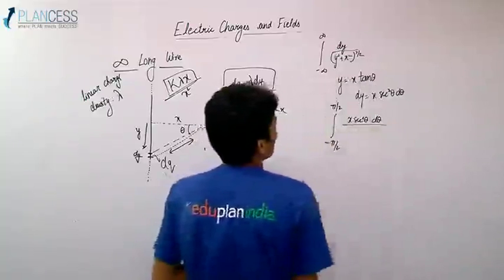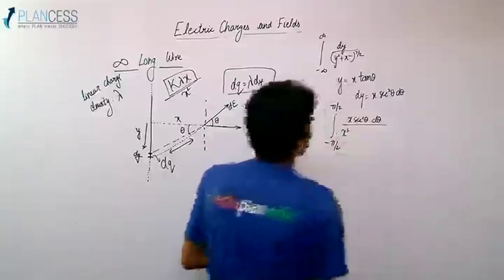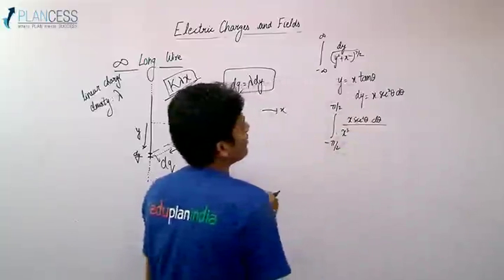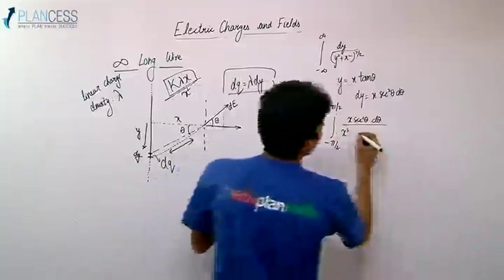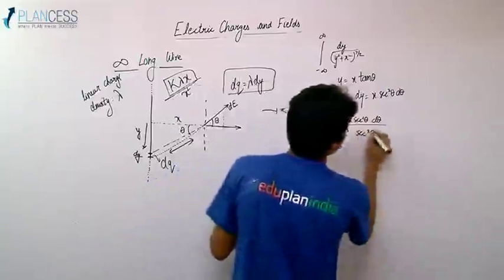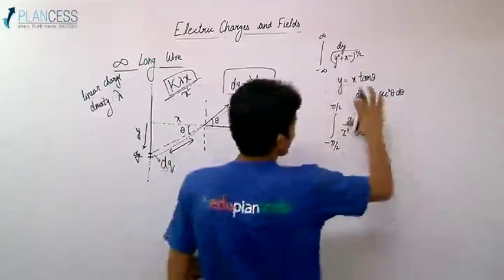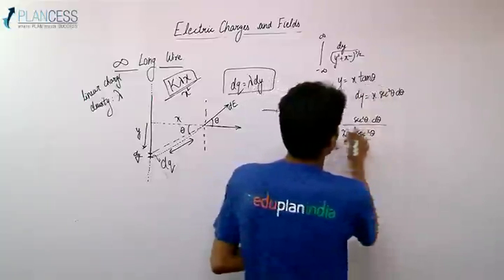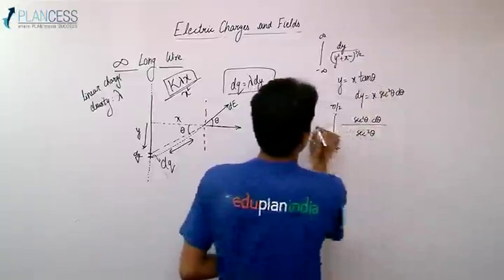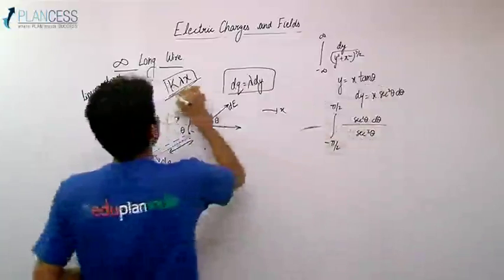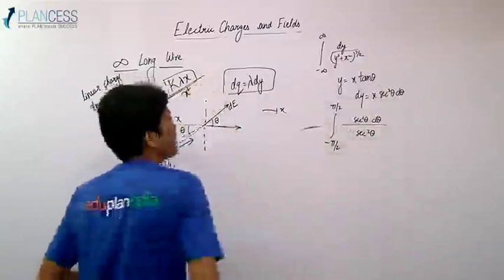So x square can come out as x cube, and tan square theta plus 1 would be sec square theta, so this can be written as sec cube theta. If I have a close look, x gets cancelled out with x and an x square comes out, so I have to write this x square here.